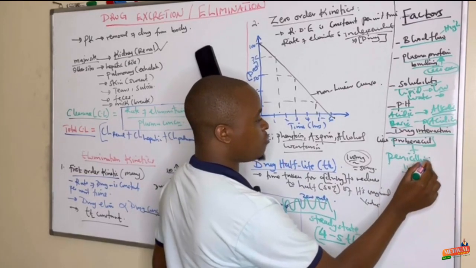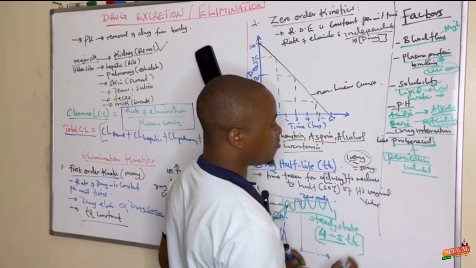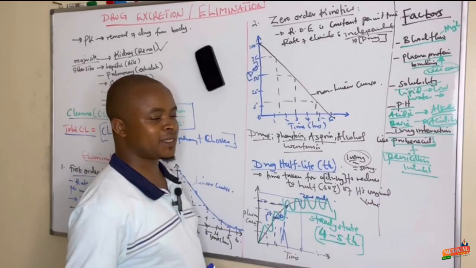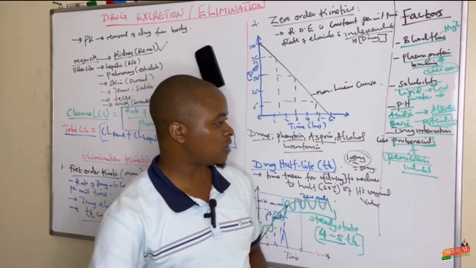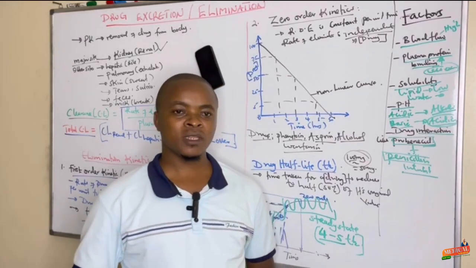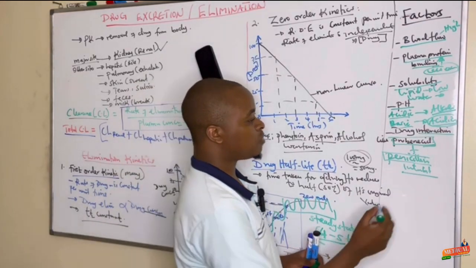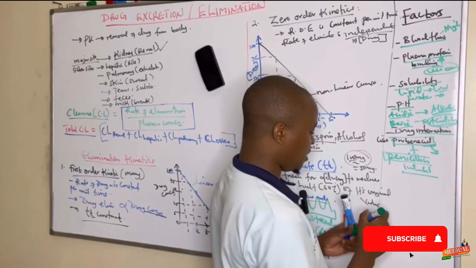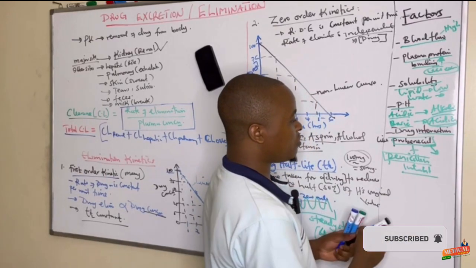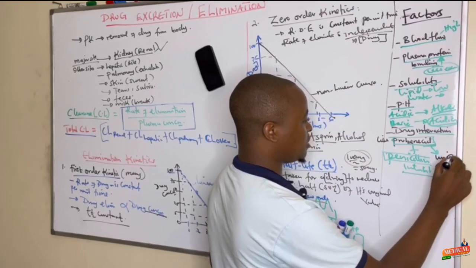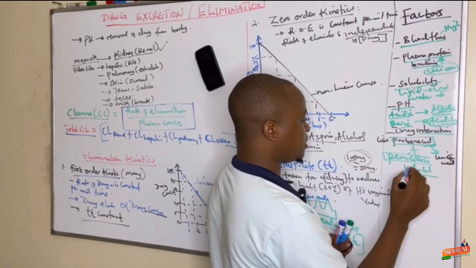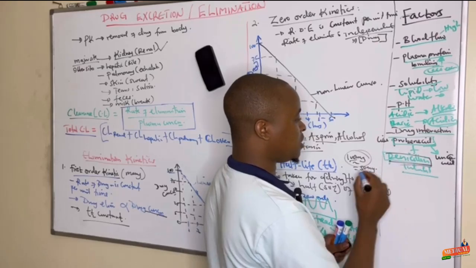So whenever you are on penicillin treatment, you have to avoid taking probenecid because it slows the secretion of penicillins. Probenecid enhances excretion of uric acid. Uric acid excretion is enhanced, whereas penicillin is slowed down.